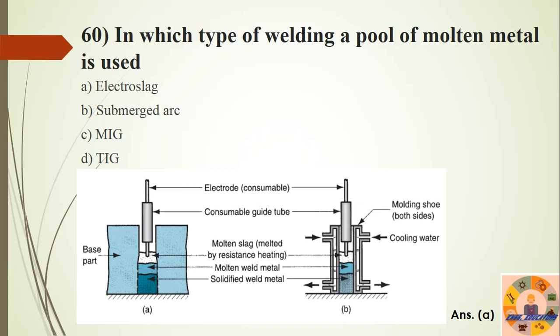So the right answer for this question will be electroslag welding, because electroslag welding is a fusion welding process in which the coalescence is achieved by hot electrically conductive molten slag acting on the base parts and filler material. So the right answer will be option A, electroslag, because here it has been asked in which welding a pool of molten metal is used.